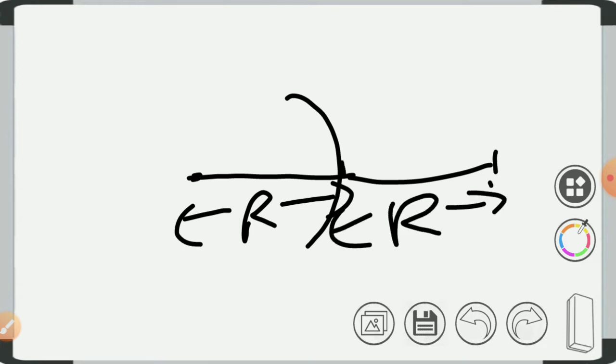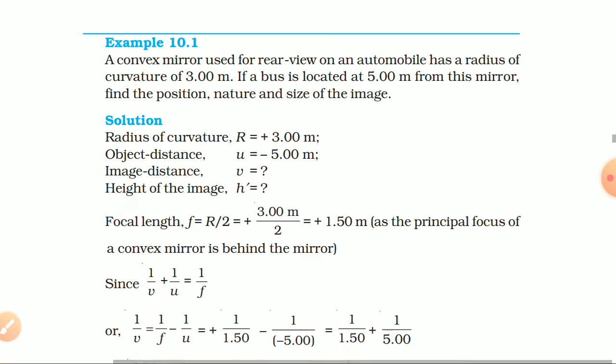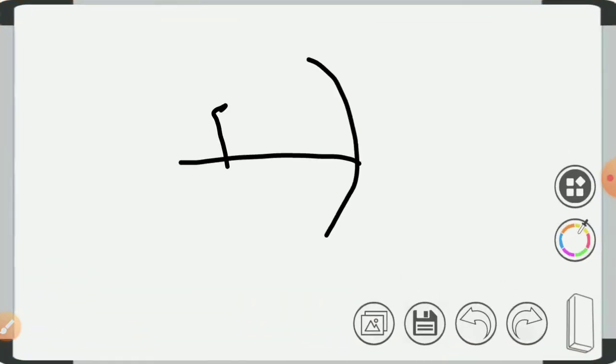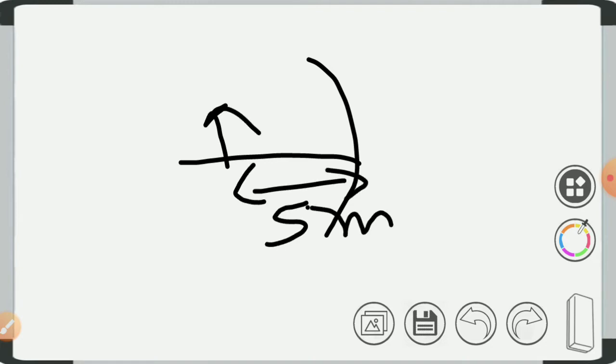So we cannot take the sign as plus or minus, so always take radius with a plus sign as of now. Then radius of curvature is 3 meter. The bus is located 5 meter from the mirror. This is our mirror, the bus is located here, and the distance of this object is 5 meter.